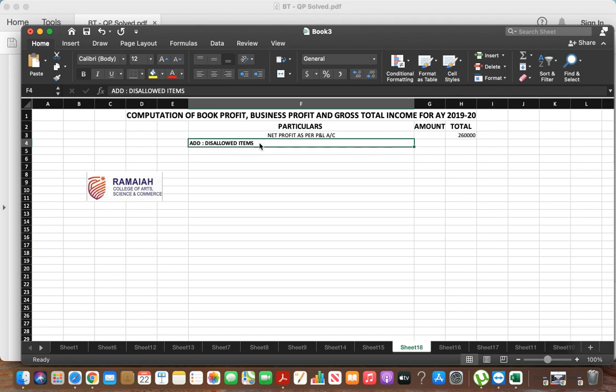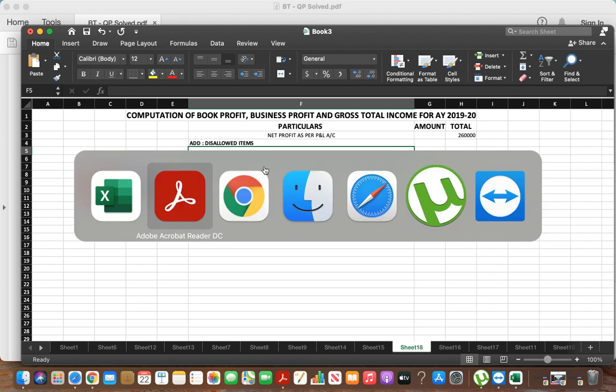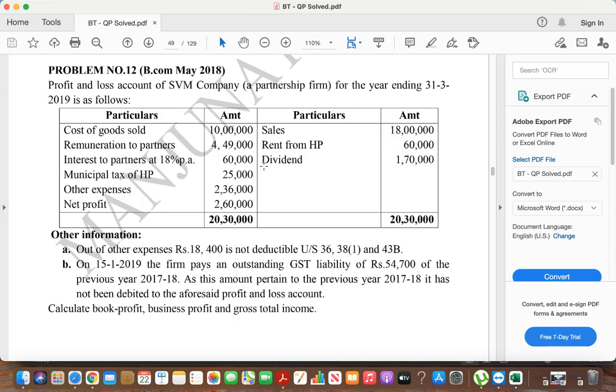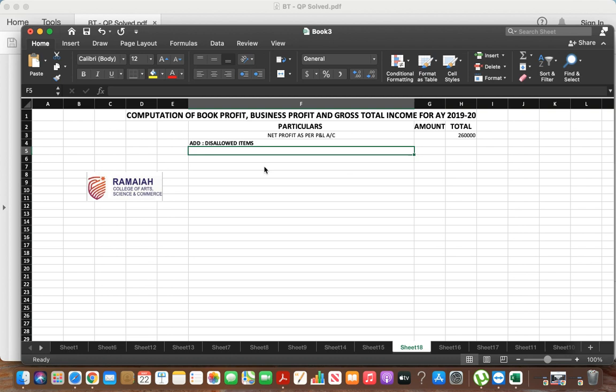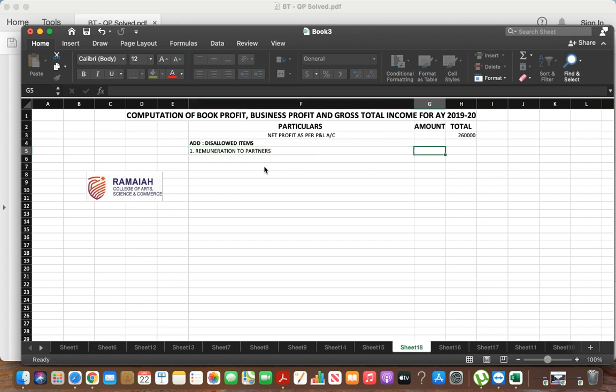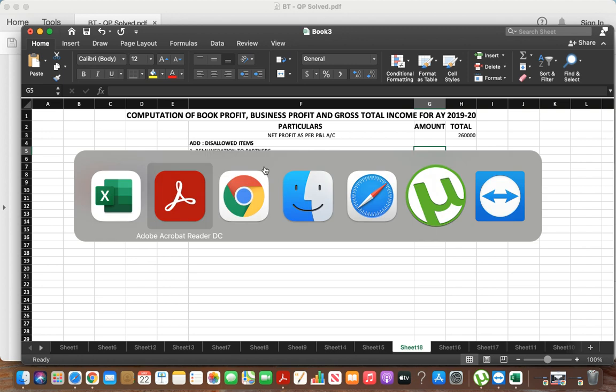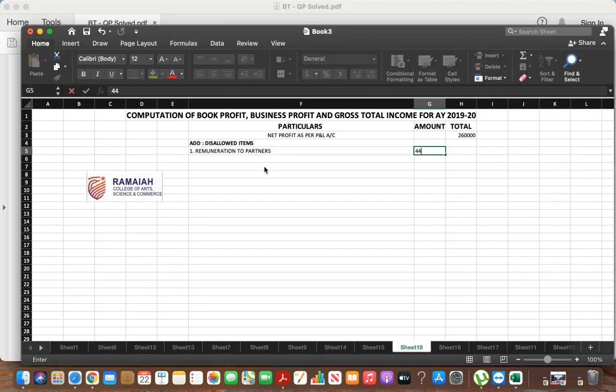Add disallowed items. Now go through the question. First from the debit side, cost of goods sold. Of course, we all know cost of goods sold is a business oriented expenditure. Next, remuneration to partners, 4,49,000.